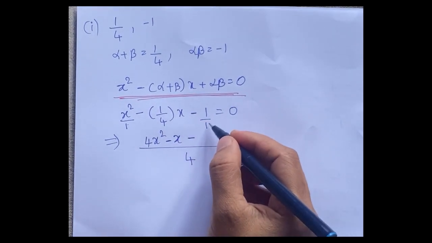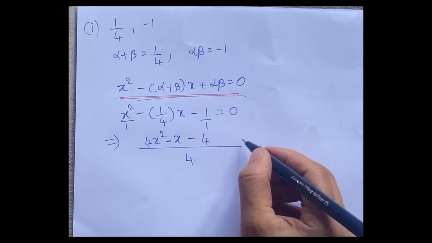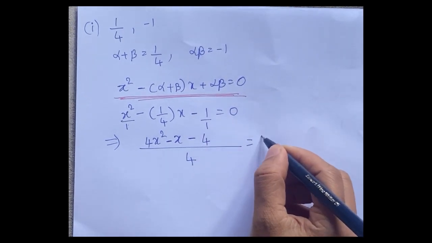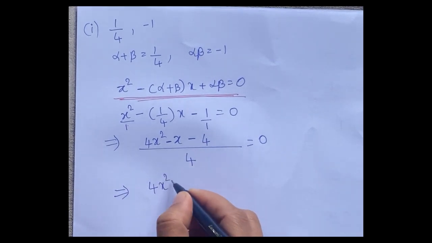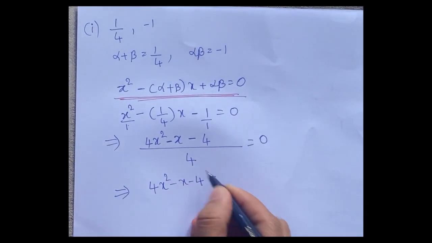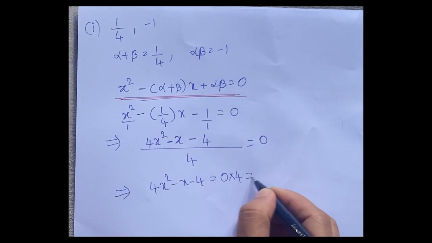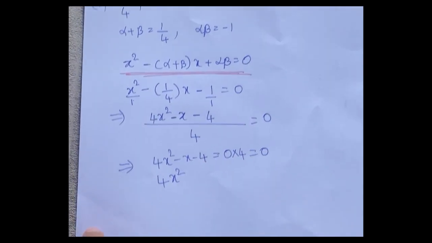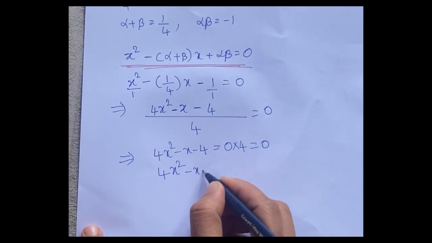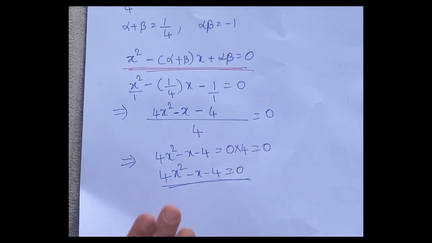Here there is no 4, so you need to multiply 4 to 1, and you will get 4 minus 4 is equal to 0. That implies 4x square minus x minus 4, this 4 will go to the right hand side, 0 into 4 is 0. So 4x square minus x minus 4 is equal to 0. This is the quadratic equation.